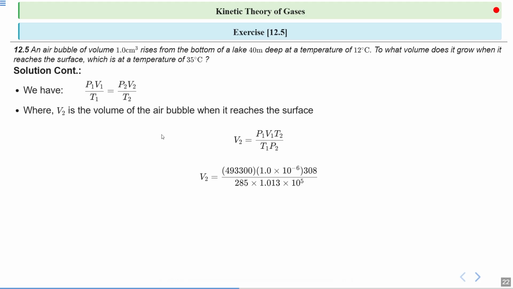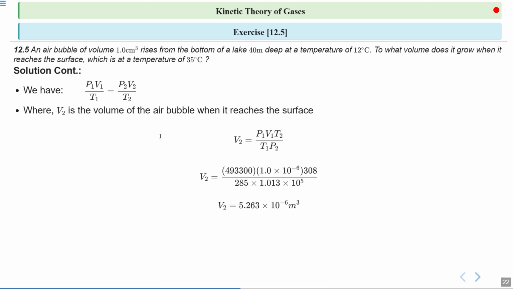So let's substitute the known values into the equation. V2 is equal to 493300 into 1.0 into 10 raised to the power minus 6 into 308, divided by 285 into 1.013 into 10 raised to the power 5. So V2 is equal to 5.263 into 10 raised to the power minus 6 meter cube.